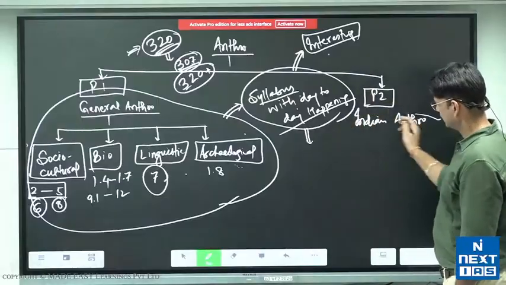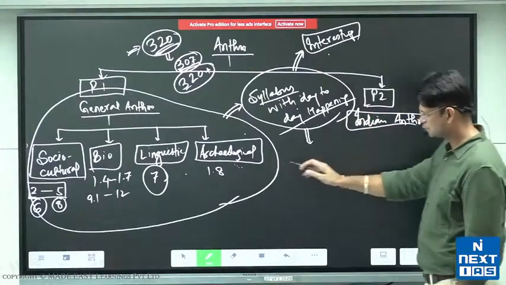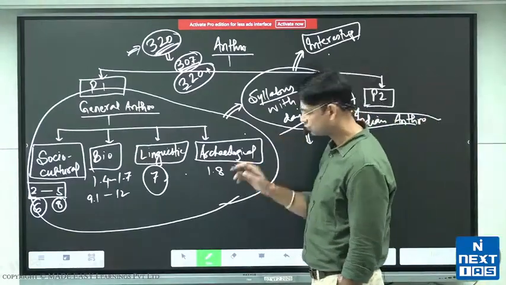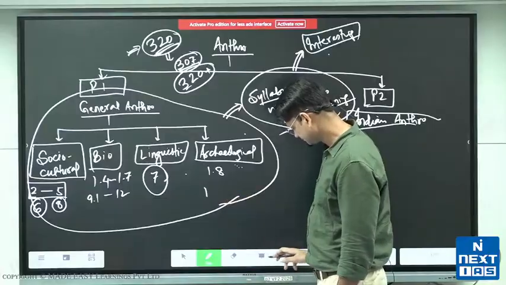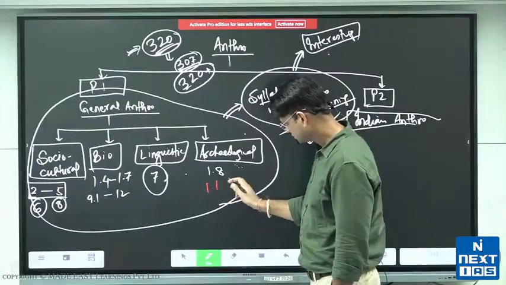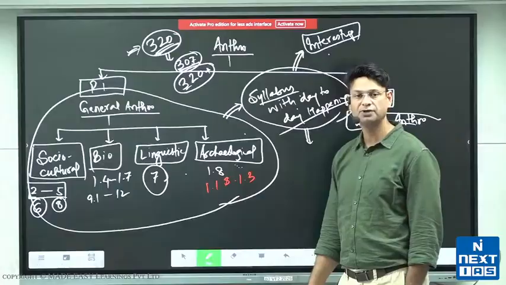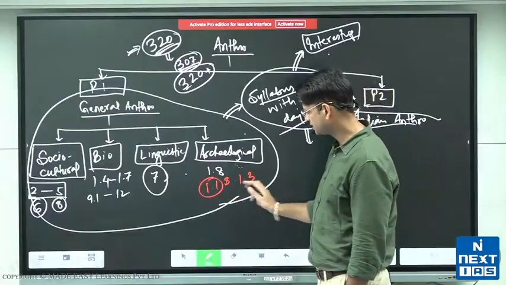The same that you have seen here is also there in paper 2. If you just look at this 1.8, then look at paper 2, 1.1 and 1.3. Both of these are archaeology.